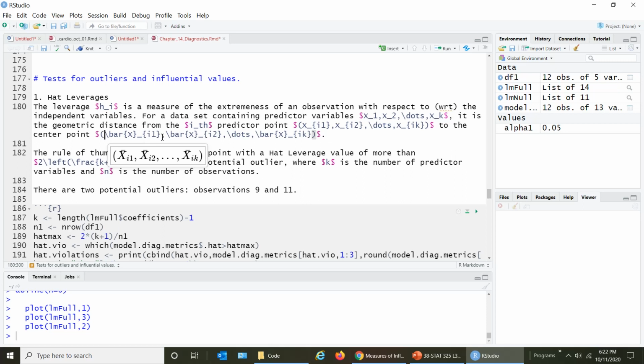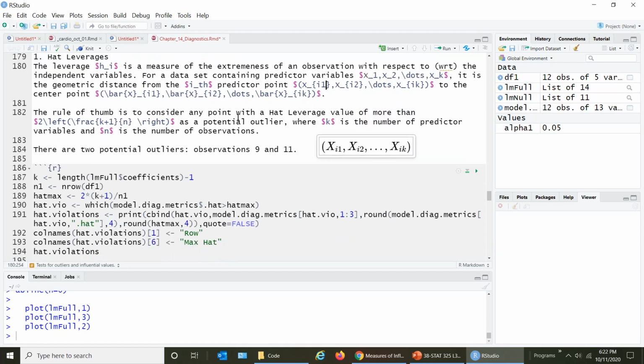And so the hat leverage is that geometric distance from the center, the bars, to the ith point, okay? And so the rule of thumb that we use is that if the value of that distance is more than 2 times k plus 1 over n, then we consider it as a potential outlier.